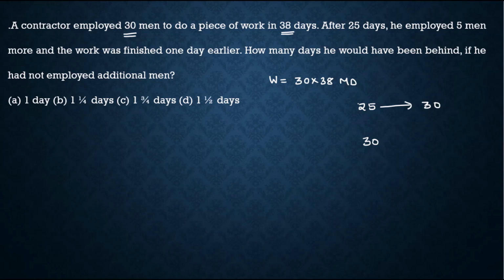How many days would he have been behind if he had not employed additional men? If there is no additional man, how many additional days may be taken by this contractor to complete this work?